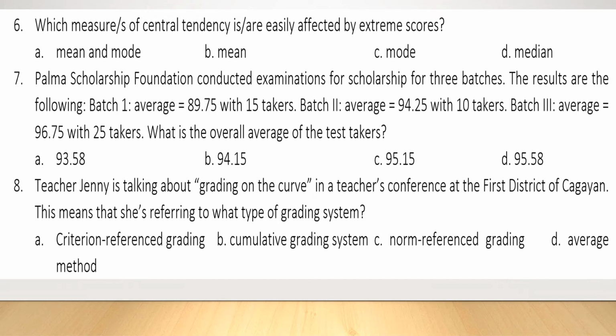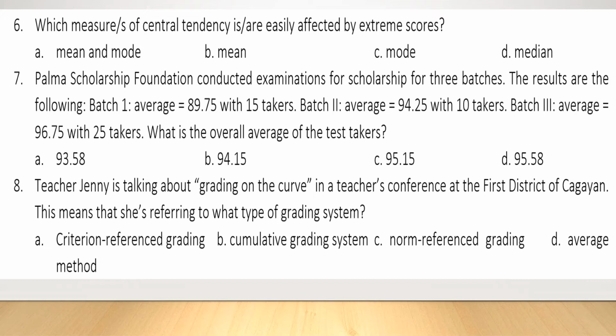The computation is, saan pag-compute, sir? So, of course, you have to consider nga kining 89, imong i-divide og 15 takers, mo na siya. 94, imong i-divide og 10 takers, mo na siya. After ana, ang third batch, imong pong i-divide og 25. And then, ang scores ana imong i-add.